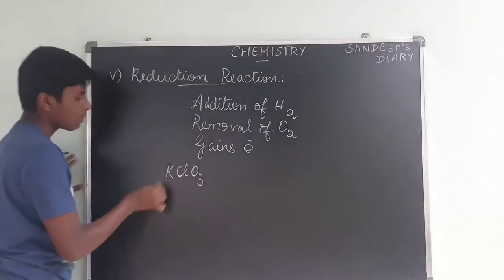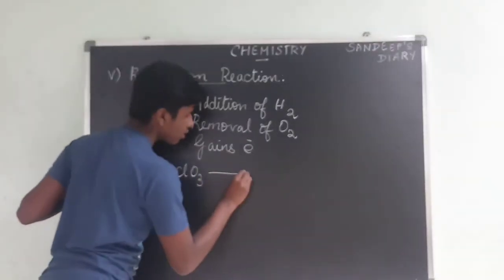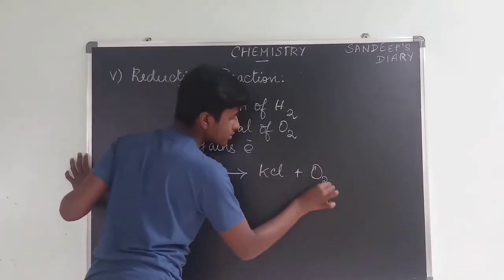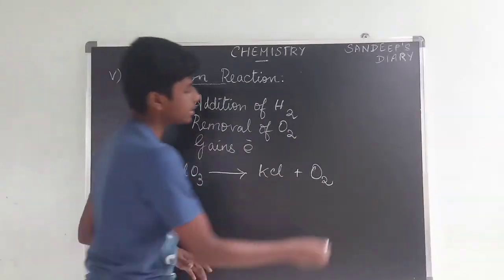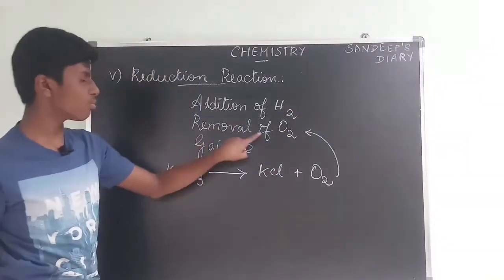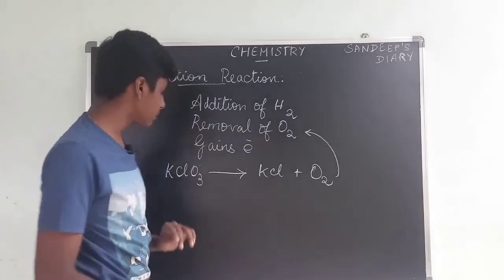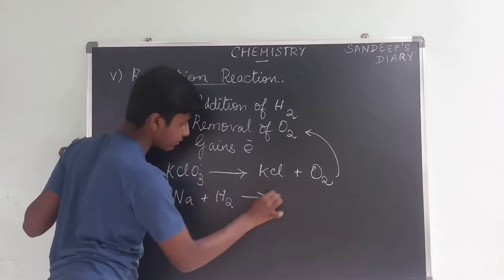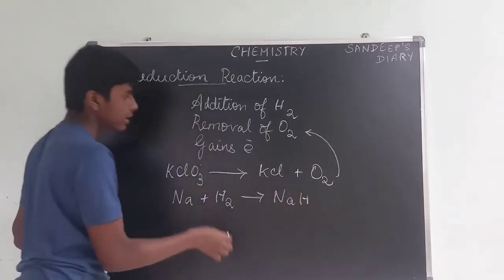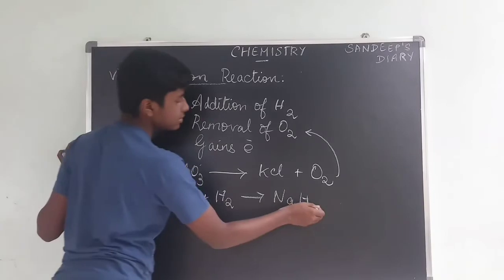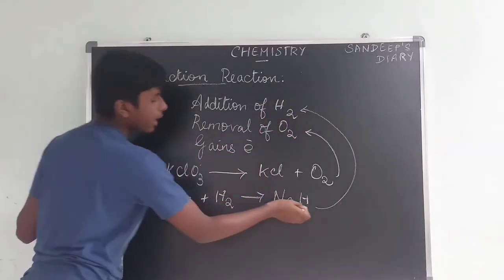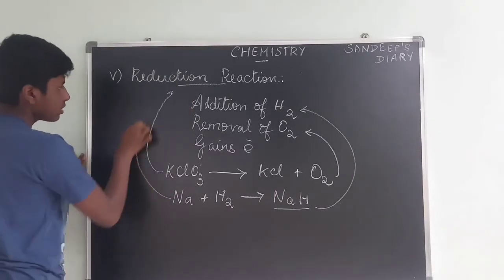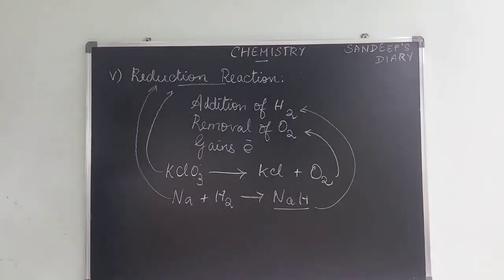KClO3, that is potassium chlorate, produces KCl, that is potassium chloride, plus oxygen. Here it satisfies the second condition, there is a removal of oxygen. Similarly, Na plus H2, sodium plus hydrogen, gives NaH. Here it satisfies the first condition, there is an addition of hydrogen to the substance. So this is also a reduction reaction.